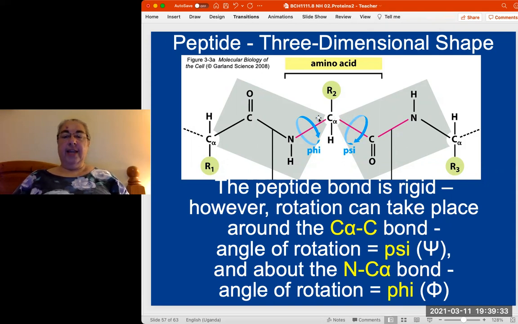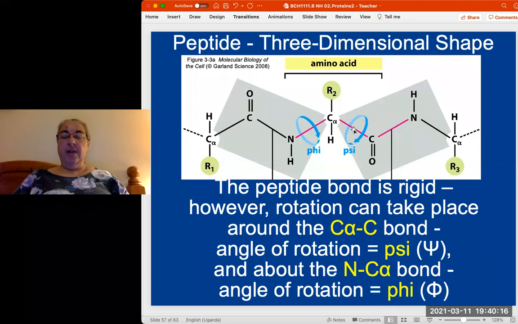And here we can see that although the peptide bond itself is quite rigid, it doesn't turn around this bond because the arrangement of atoms around this bond doesn't allow it to turn. The bonds that join these atoms to the alpha carbon can rotate, and these are called the psi bond, that's this one, and the phi bond, this one, represented by Greek letters psi and phi.